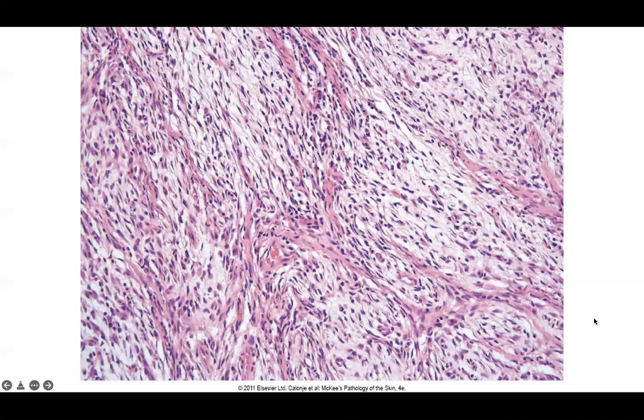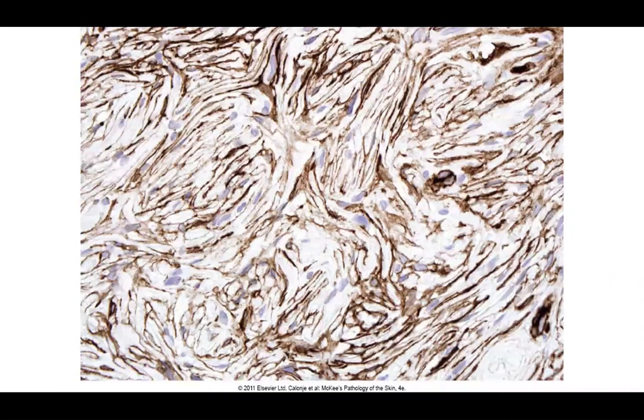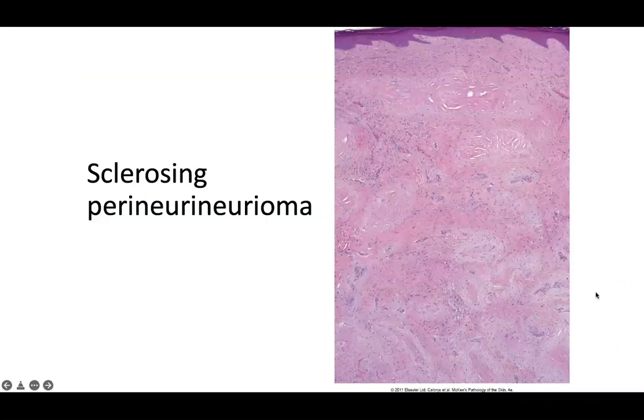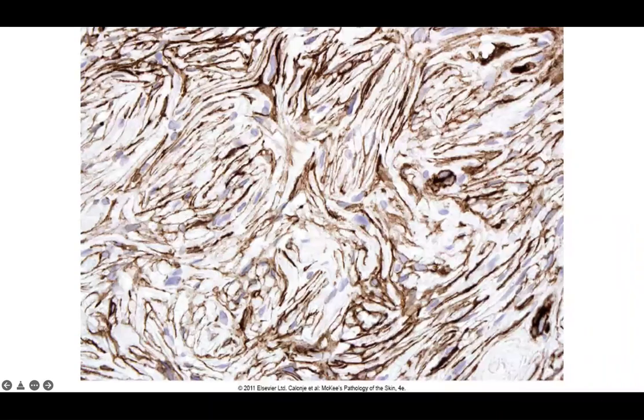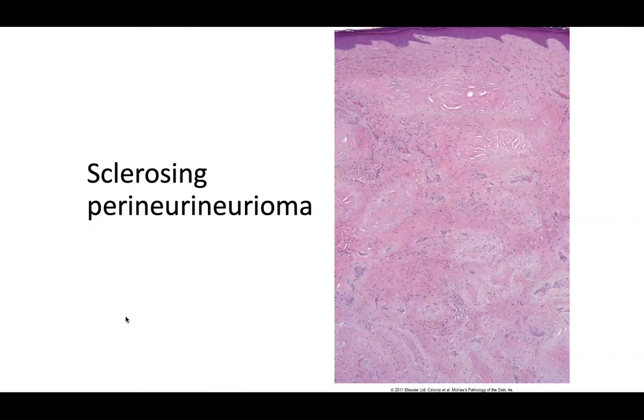And that gives you the idea that it's a perineurioma. Here's the beautiful EMA stain that you can see. So a sclerosing perineurioma, you'd still be able to see the EMA positivity, it's just going to have more sclerotic stroma.